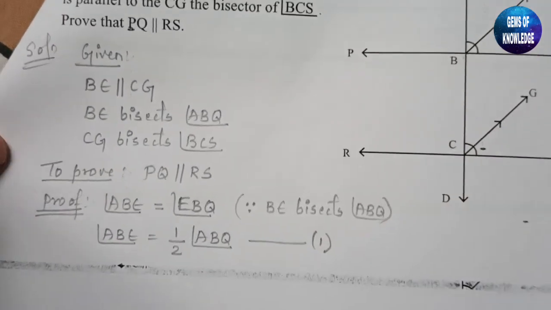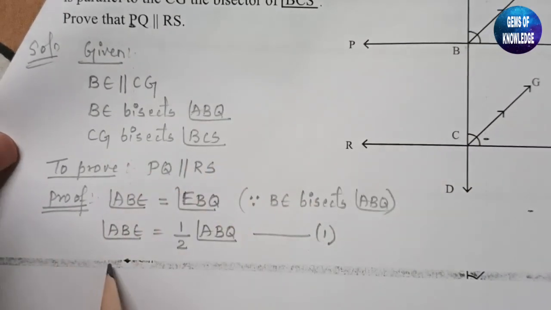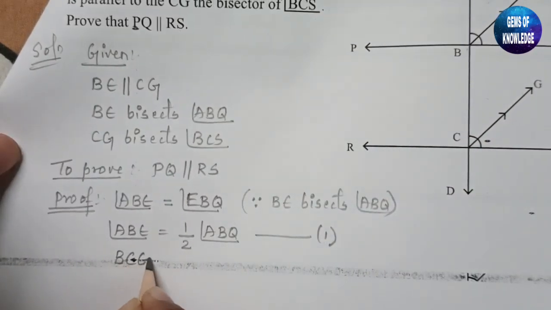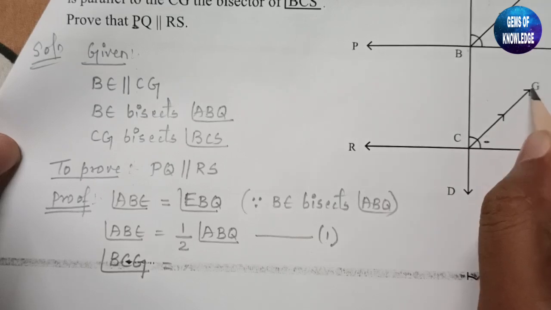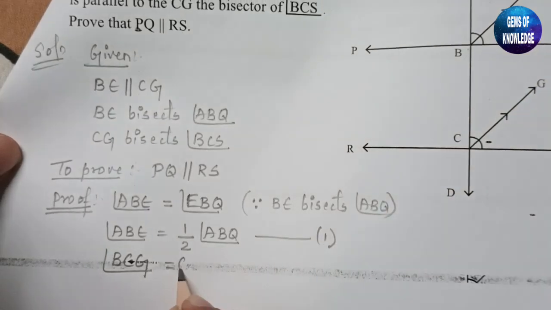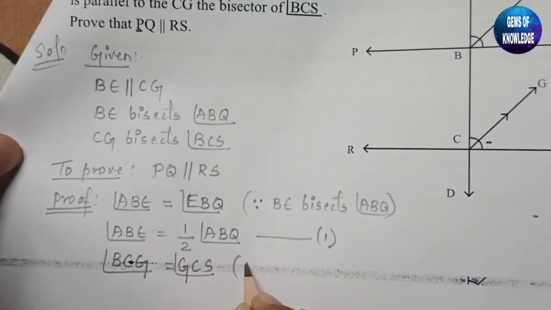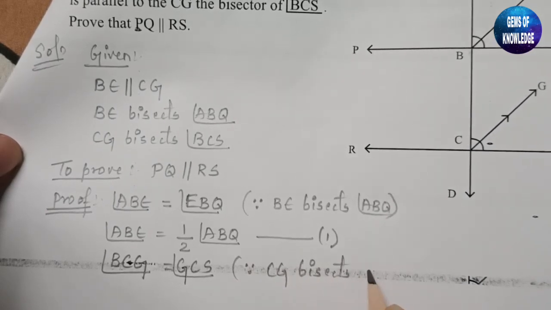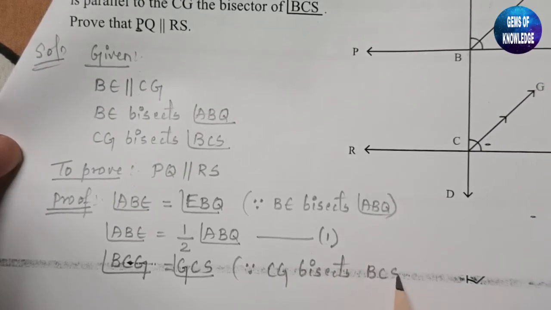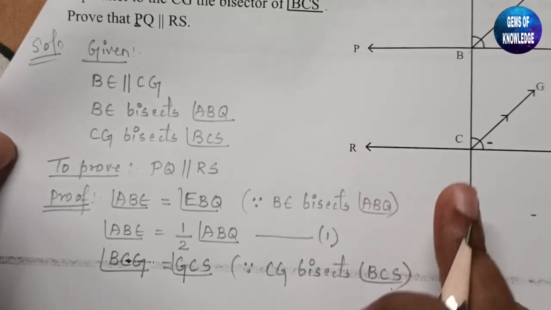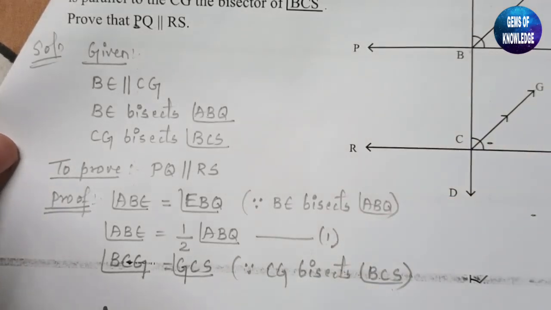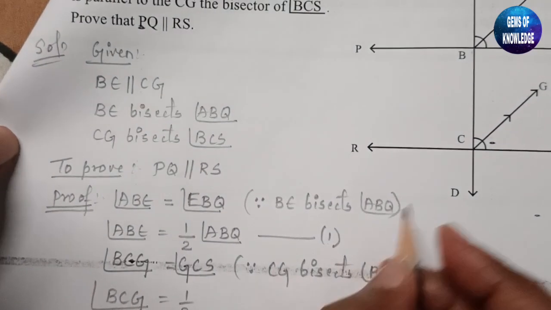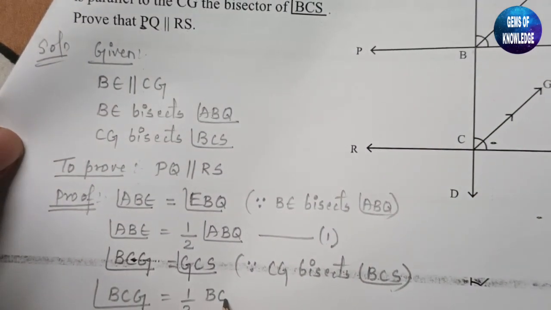Similarly, whatever we have written here, the same thing we will write here. Angle BCG is equal to angle CGCS, since CG bisects angle BCS. And here also we can write angle BCG is equal to half of this complete angle, that is, BCS.